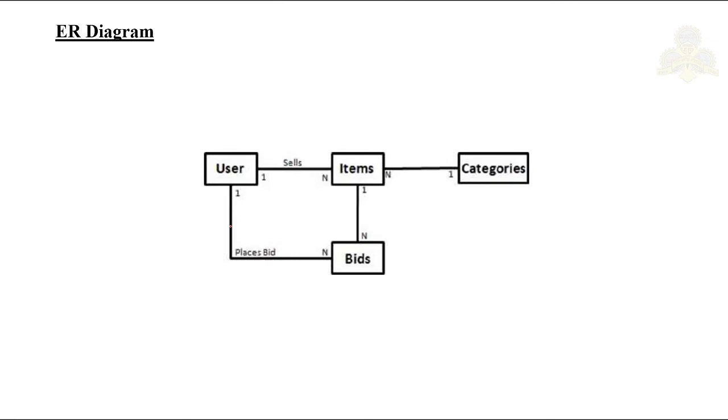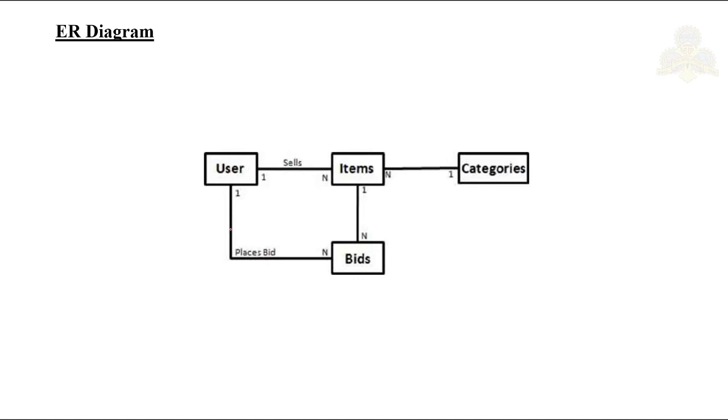Next, we will study the ER diagrams. ER diagram is nothing but an entity relationship diagram. You know this one, right? You have created this in DBMS. ER diagrams form the logical database design and can be easily converted into an initial table structure for a database.